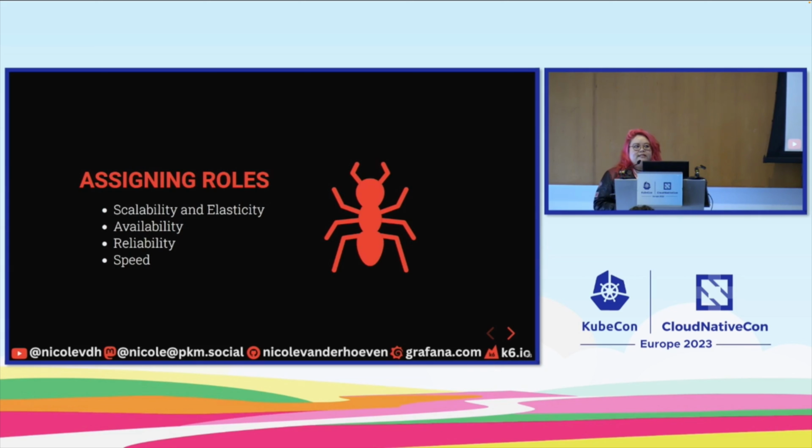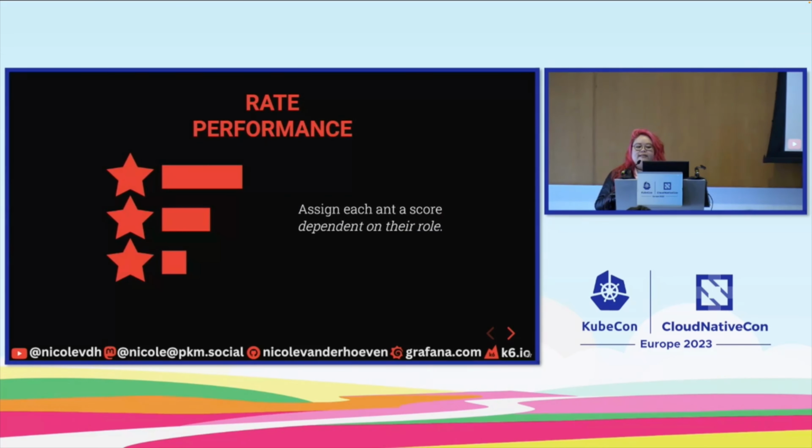So we would still need some way, though, to give feedback. We can't just let them loose. And then what do they do? What does that tell us about our application? What if they do something else entirely? So we have to give them some sort of score. And that's why I think we should also think about assigning each ant, or each type of test, some sort of score dependent on their role.